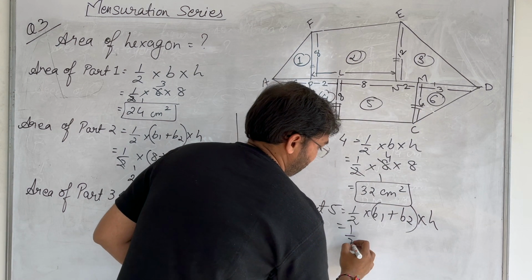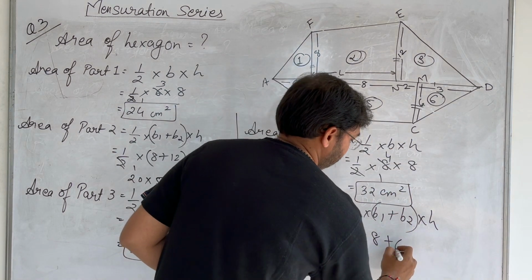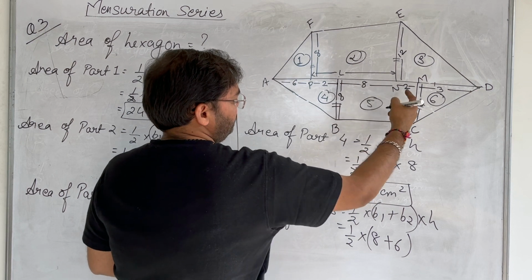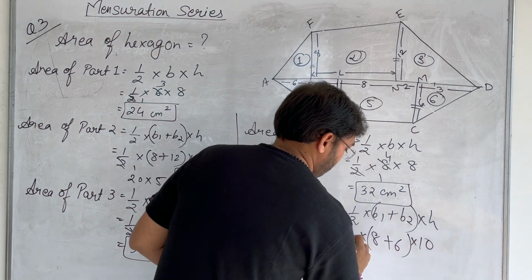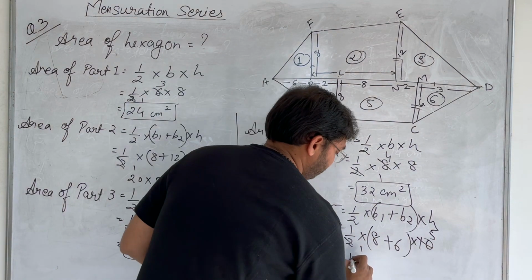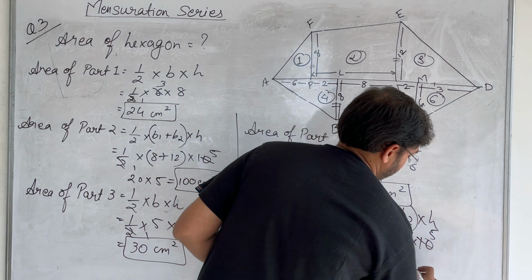So half, base 1 is 8 plus base 2 is 6, and the height is the difference between parallel sides, that is 8 plus 2, that is 10. 1s are, 5s are, which equals 14 5s are, 70 centimeter square.